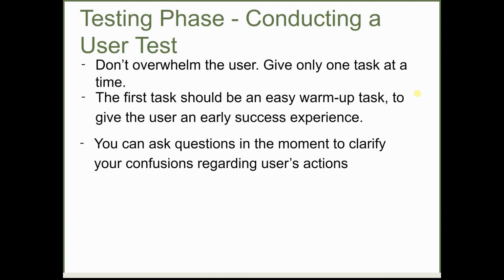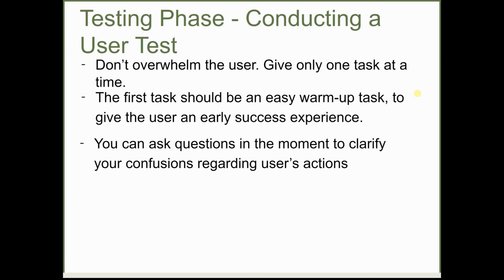And so you can clarify your confusions, because remember, your prototype is still being developed, so you can still learn a lot about users. So it might be that you learn that all the users are always looking on the left side or the right side of the screen, and based on that observation, for example, you will have to move all the task buttons on the right side of the screen instead of on the left side.